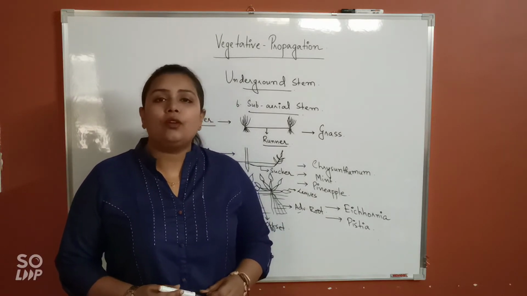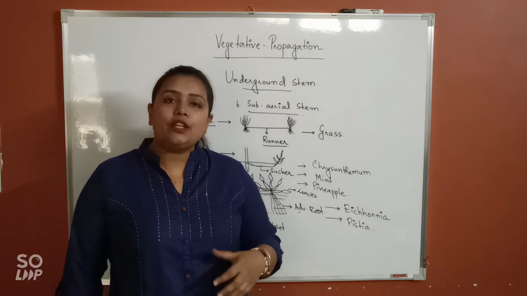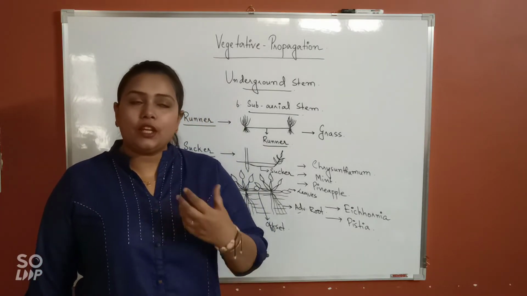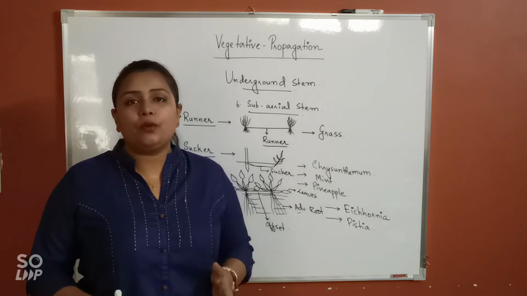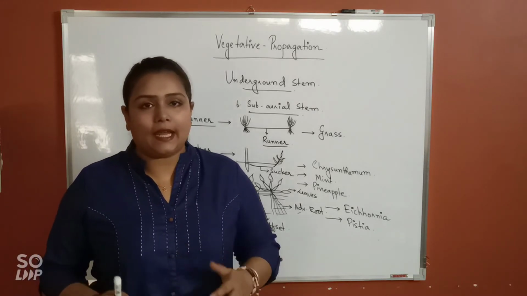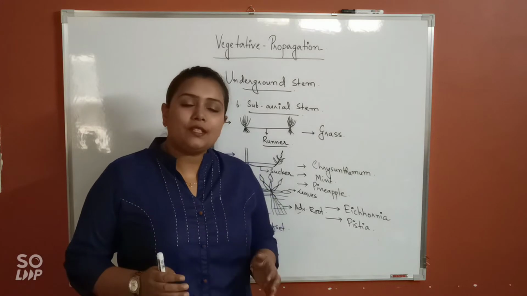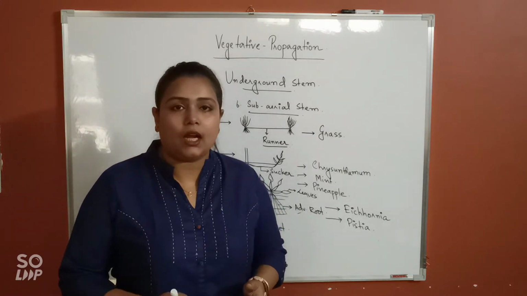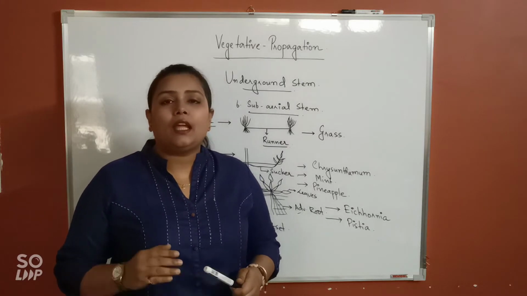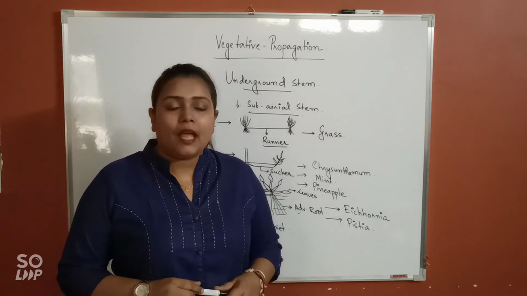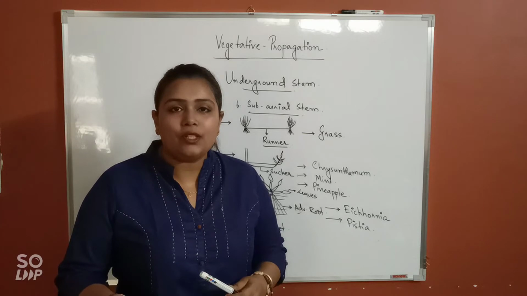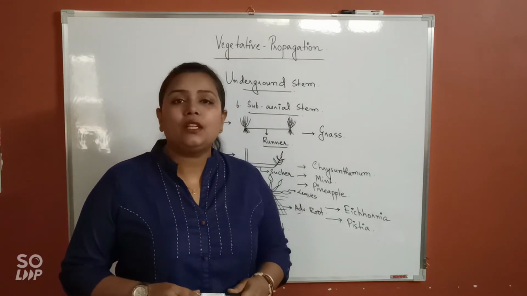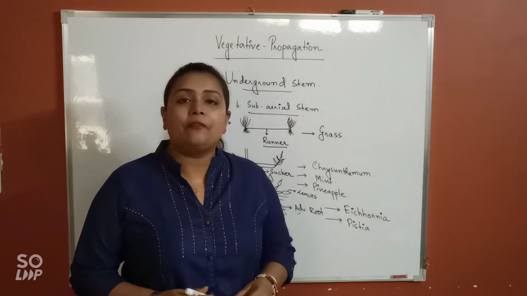Why? Because this plant was introduced from Europe to our country. And why was it introduced? Because it was supposed to decorate our ponds and lakes. Now because it's an alien species, that means it's not a species that naturally grows in our country, that's why it grew very rapidly. And as it grew very rapidly in the ponds and lakes, of course, it would drain all the oxygen, leading to the death of aquatic organisms and fish.